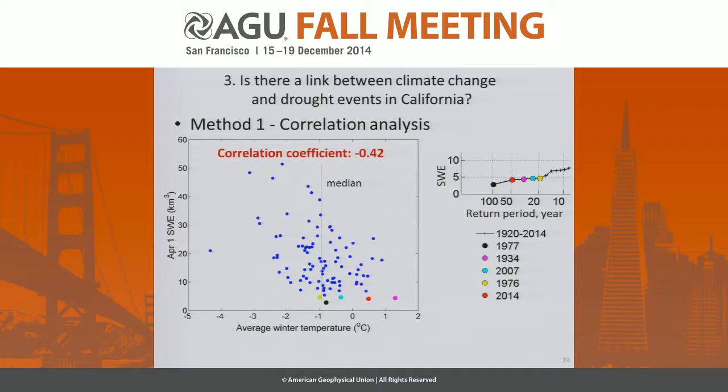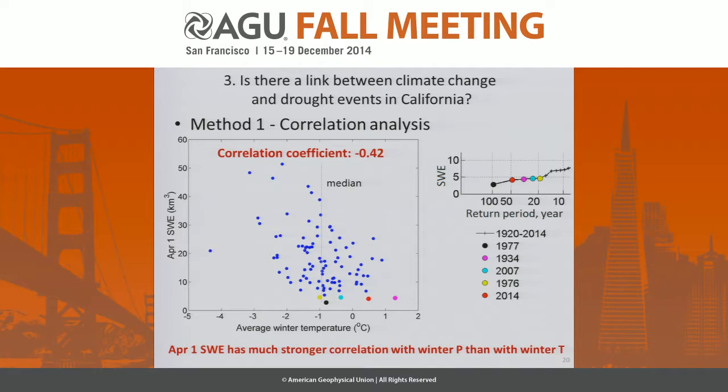But for example, 1977, which is the driest year in the record, its winter temperature is actually around the median value, and similar for 1976 and 2007. So this tells us that warmer winters might have something to do with lower SWE, but really the winter precipitation is the main control of snowpack.